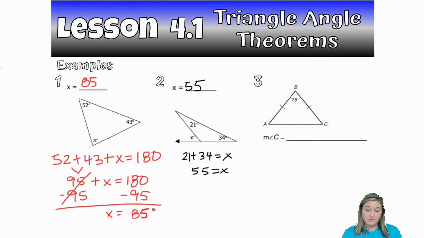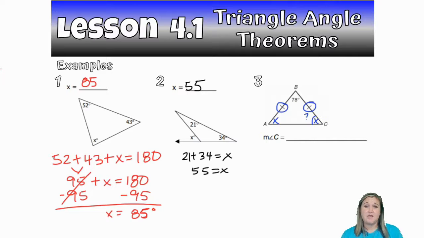And then on the last one, I am trying to find the measurement of angle C. I don't know what this piece is here, but I do know that all the angles add up to be 180. I also know that these two side lengths are the same, so this is x and this has to be x as well. They have to be the same measurement.